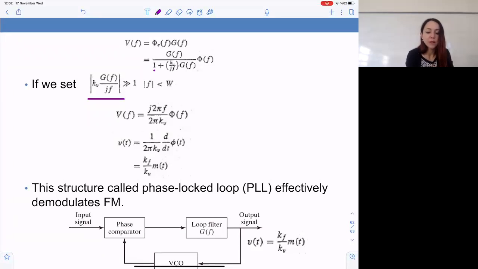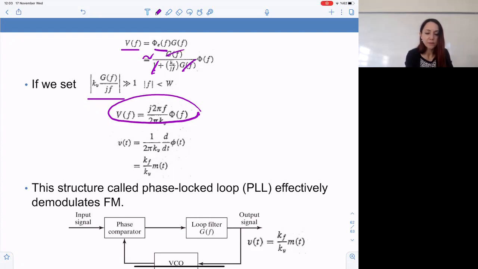So approximately, the relationship between V and phi is given by G canceling.